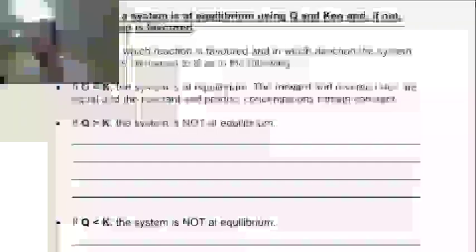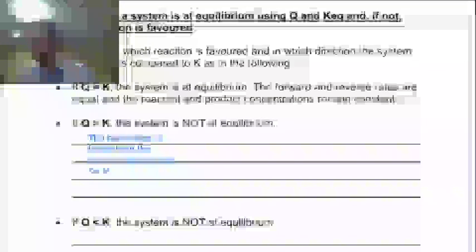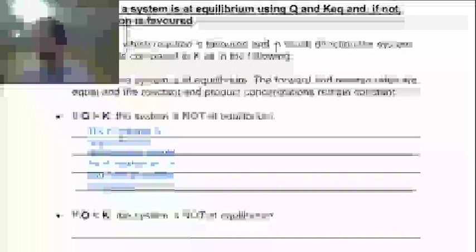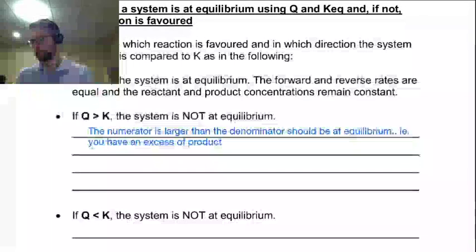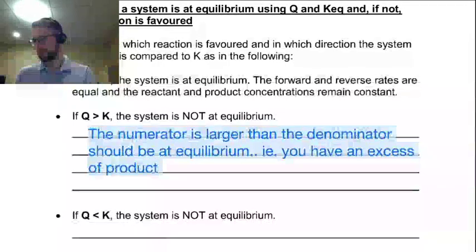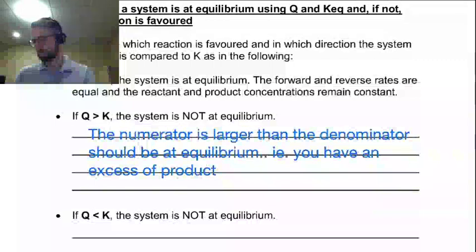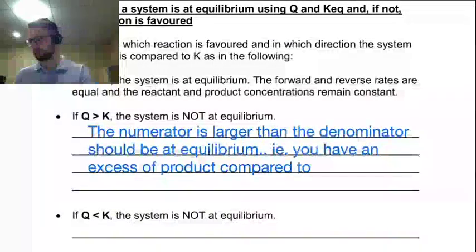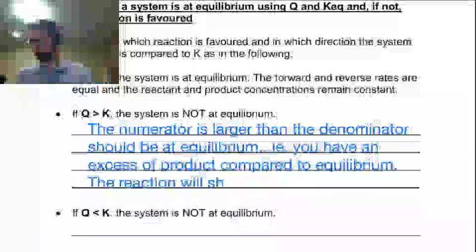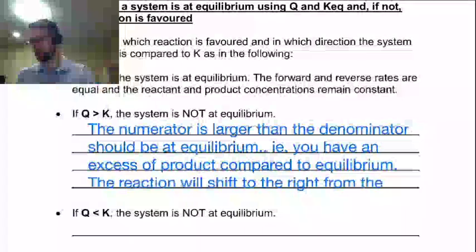And so this means that the numerator is larger than the denominator, i.e., you have an excess of product compared to equilibrium. Q has to decrease to that point where it matches K. The reaction will shift to the left from this point.